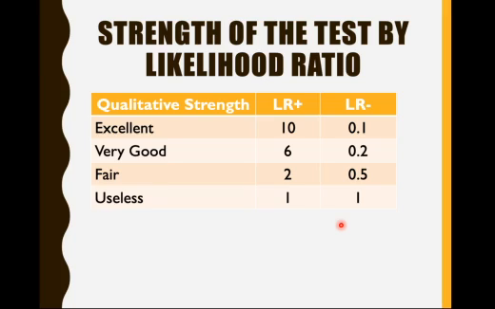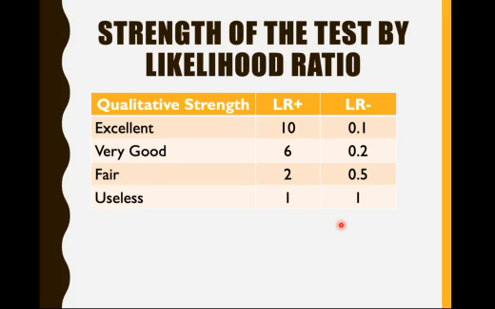The complement of sensitivity is the false negative, that's also 50%. Now, if the specificity is 50%, the false positive rate is also 50%. So all values A, B, C, D are 50.